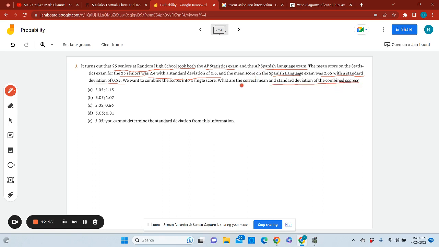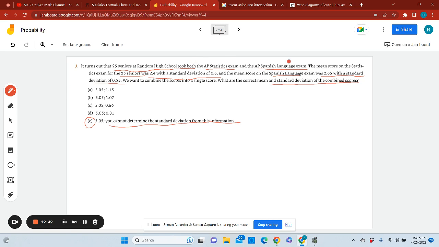So here's the problem with this question. The answer is actually E. You can't determine the standard deviation because they don't tell us here that these are independent events, and I can only use the standard deviation formula when I know that I have independent events.